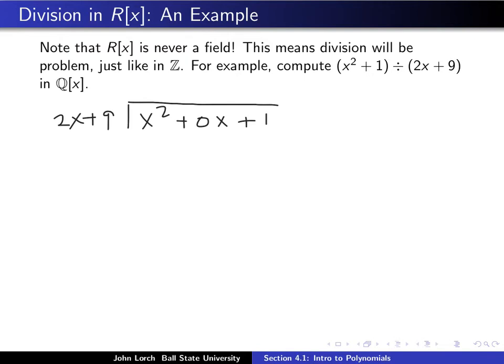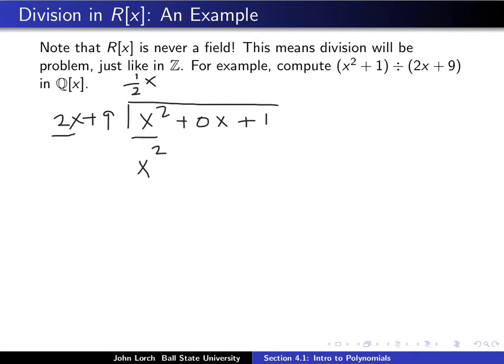And I look at my leading term of my divisor, which is 2x, and I ask how many times it goes into my leading term of the dividend, which is x squared, and it should go in 1/2 x times, right? If I take 1/2 x times 2x, I get x squared right on the nose.